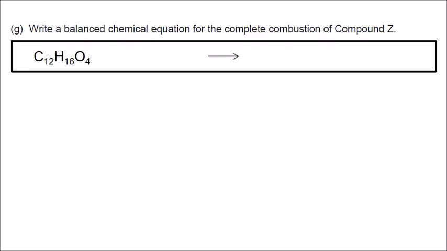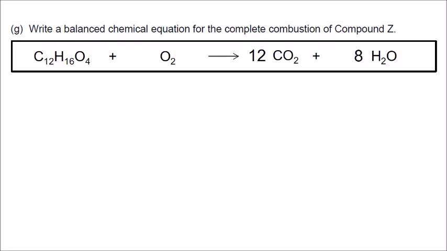All we have left to do to finish the practice quiz is to write a balanced chemical equation for the complete combustion of compound Z. Let's add oxygen as a reactant, so that's O2. And we know that combustion always gives us products of carbon dioxide and water. I see 12 carbons on the left. Let's put a 12 as the coefficient in front of CO2. I see 16 hydrogens on the left.